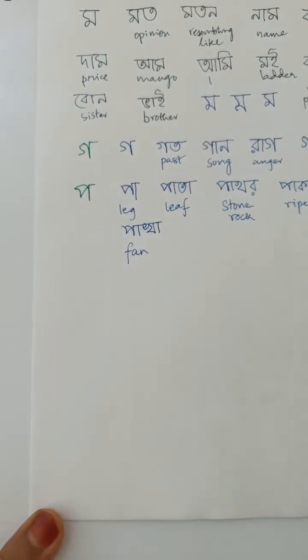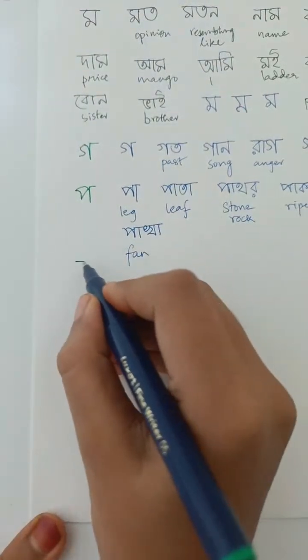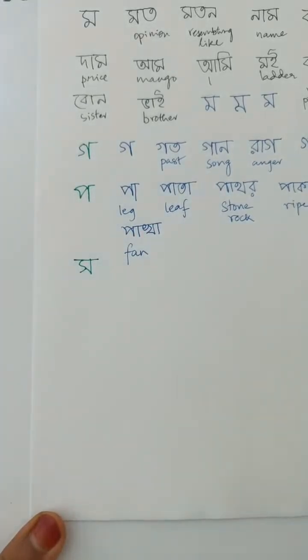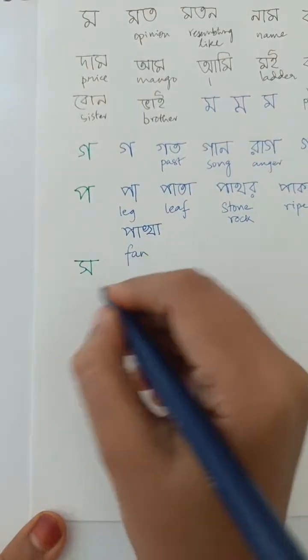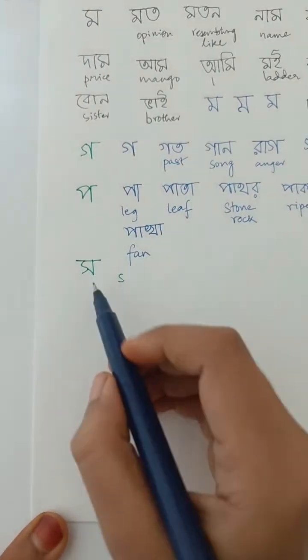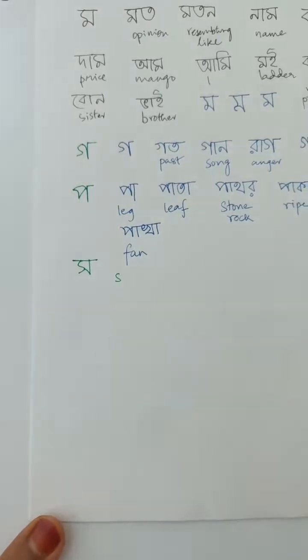All right, similar to ma, let us learn another, sha. So this has the same sound as S in English. So you can read it as sa. In Bangla, this sa letter needs a special mention because it has many roles depending on the word it is used in.